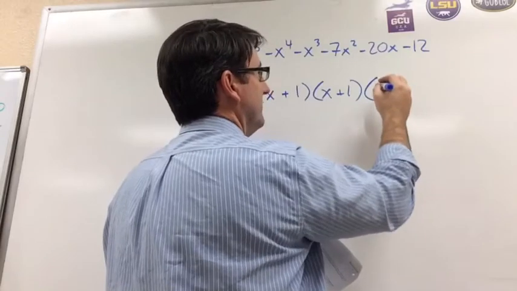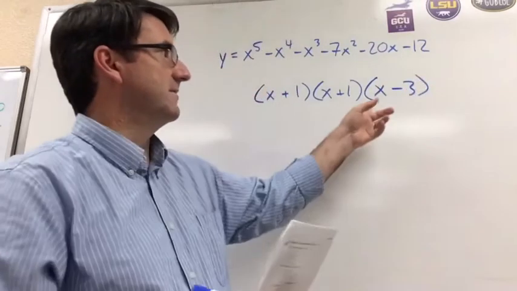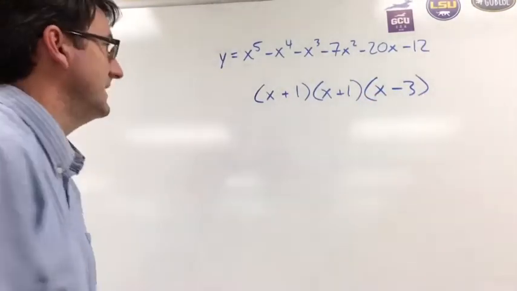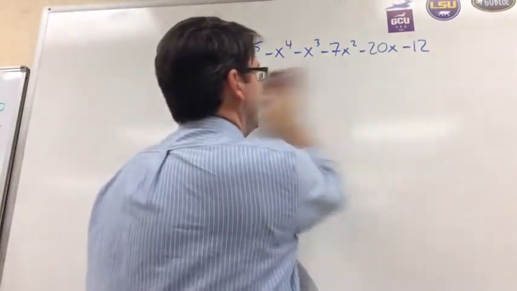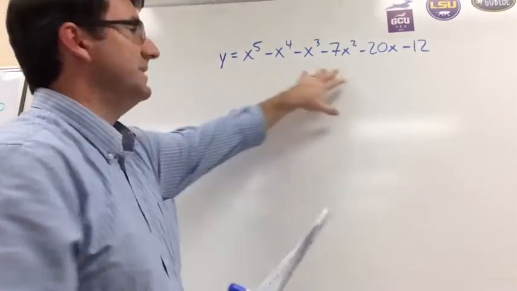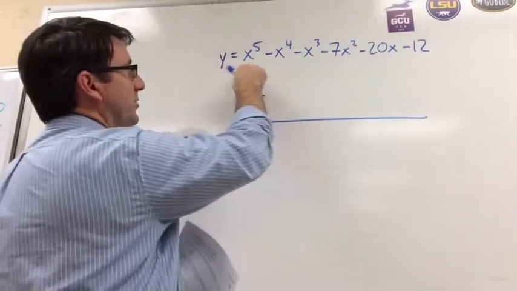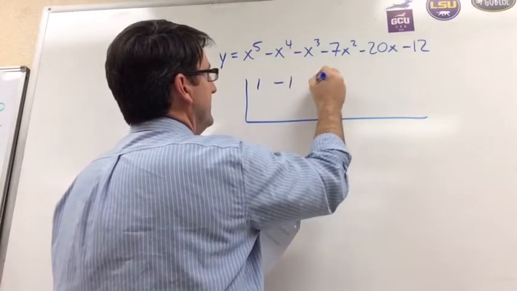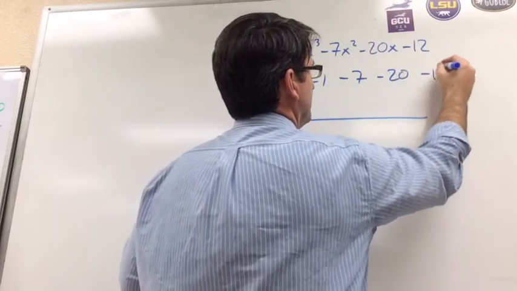And then the other factor is going to be x minus 3, because that's going to give us a zero of x equals 3. So let's divide all of these things out and then see what we're left with at the end, and then we'll be able to solve for those last 2 zeros. We're going to do this with synthetic division. So we're going to put in all of our coefficients here. So we have 1, -1, -1, -7, -20, and -12.